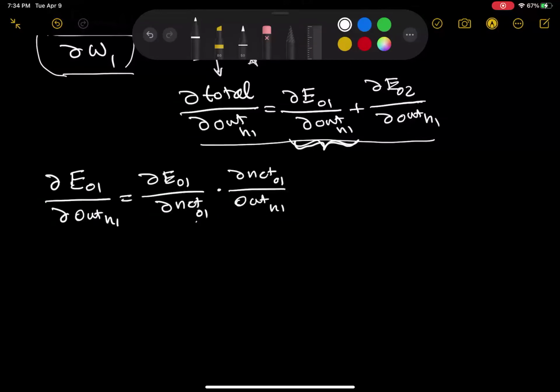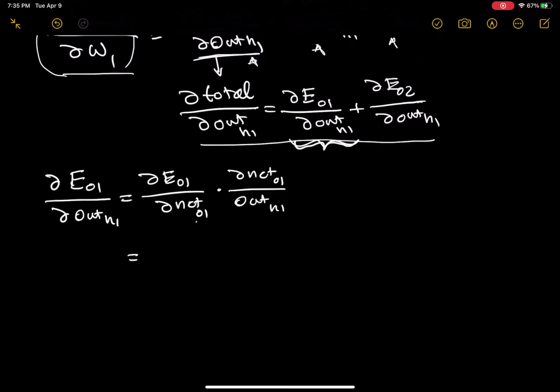These we already calculated. If you go back and look at the upper calculation, E of O1 with respect to net of O1 is already calculated, 0.7413, multiplied by net of O1 with respect to out of H1.